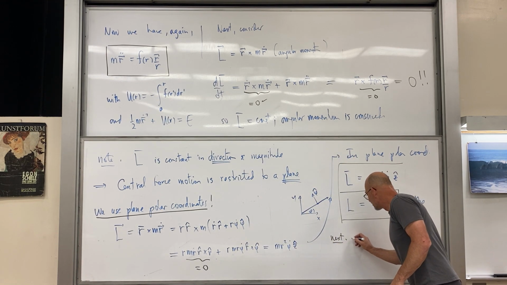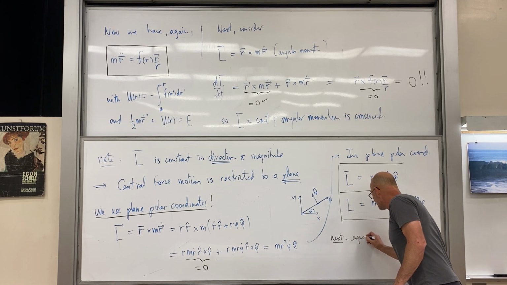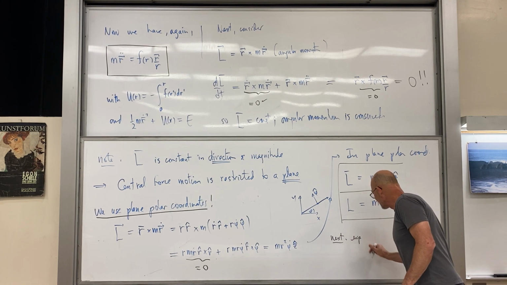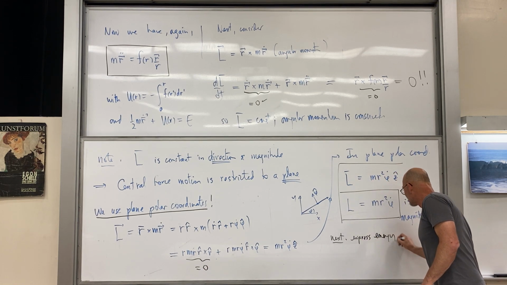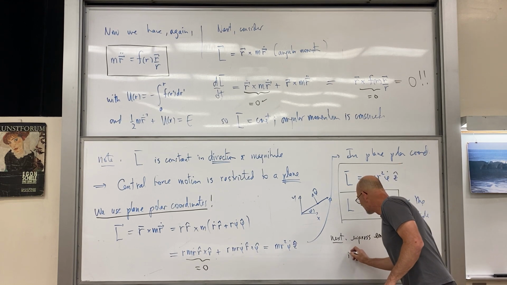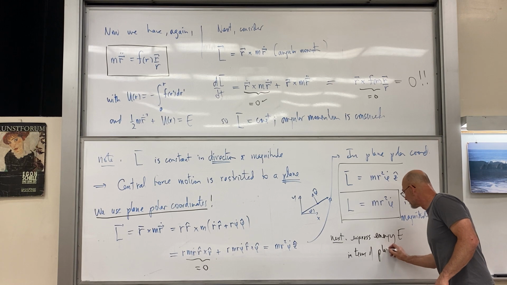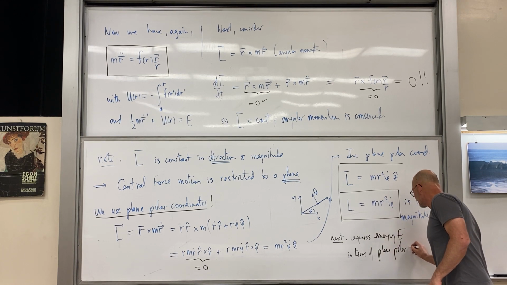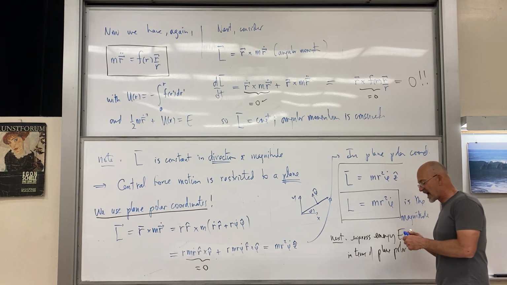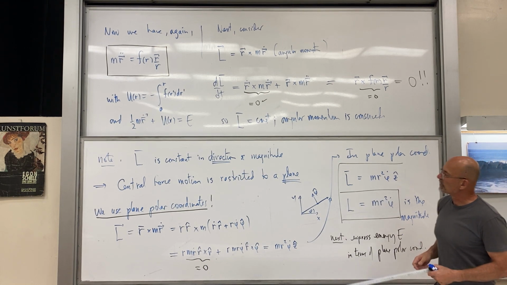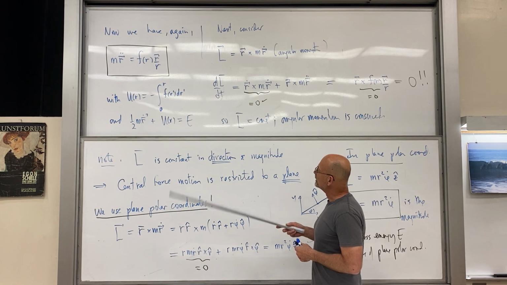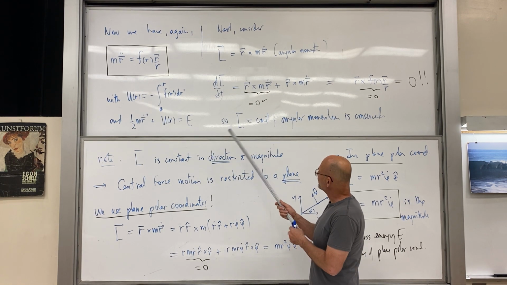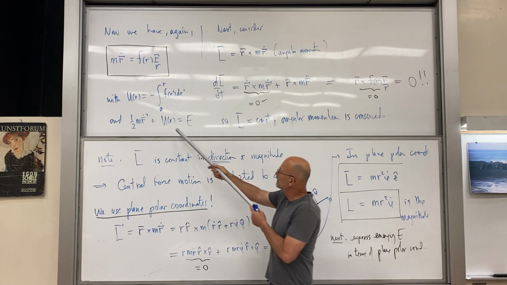So next, express the energy, E, in terms of the plane polar coordinates. That's going to be our strategy for solving these types of problems. It's going to be to express the energy in terms of the plane polar coordinates.